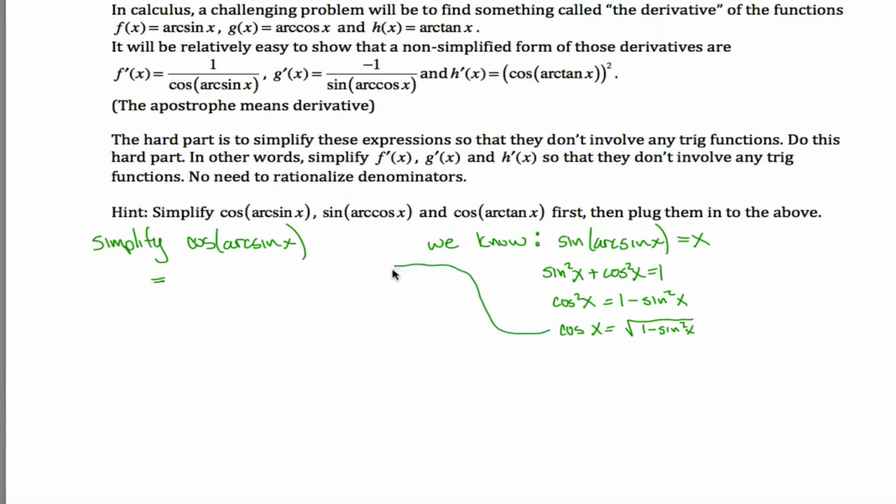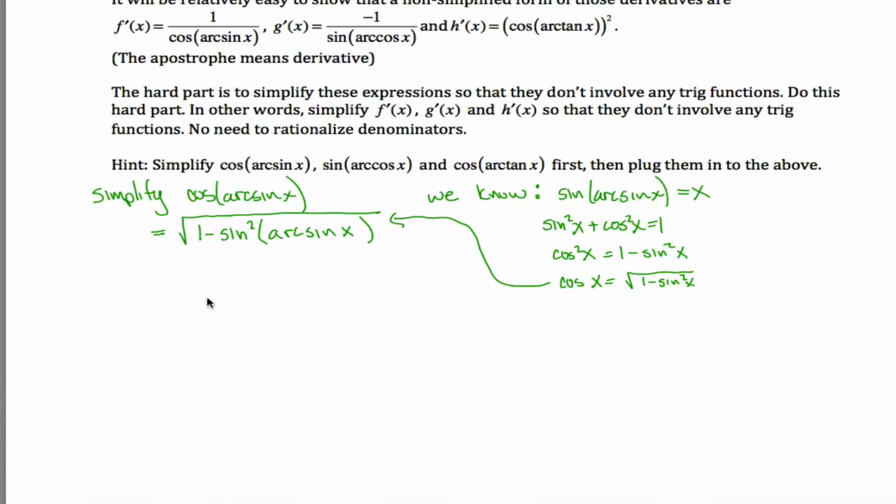Instead of saying cosine of some angle, I can say the square root of 1 minus sine squared of that angle. It's just instead of that angle being an x like it is over here, up here it's arcsine of x. Fine. I can rewrite this like this.